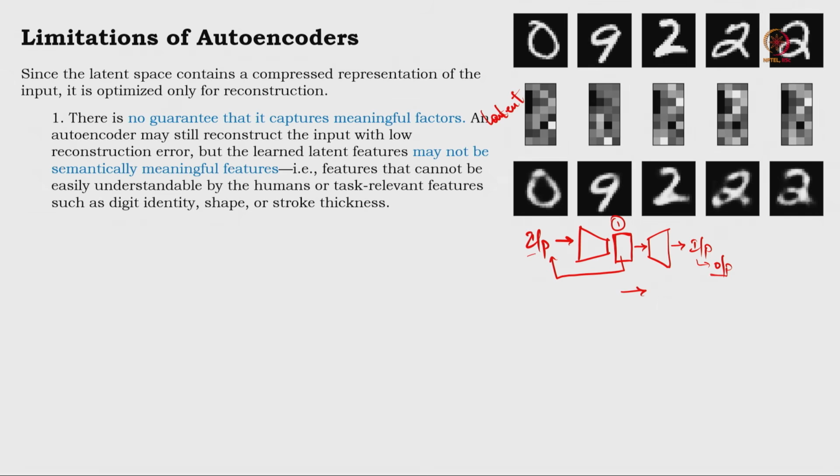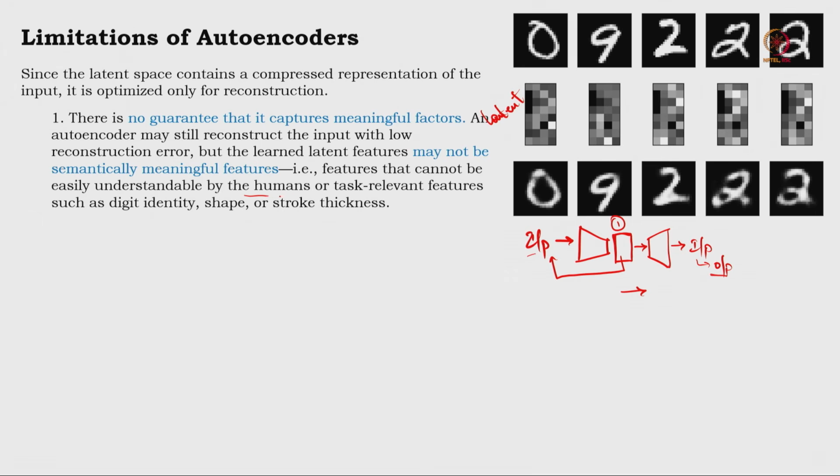What exactly does this mean? Another meaning of meaningful factors is that the latent representation may not have semantically meaningful features. What is the meaning of semantically meaningful? Whatever features we have in the latent representation, there is no guarantee that they are understandable by humans.